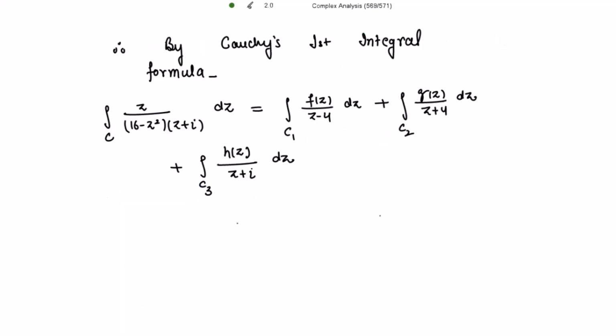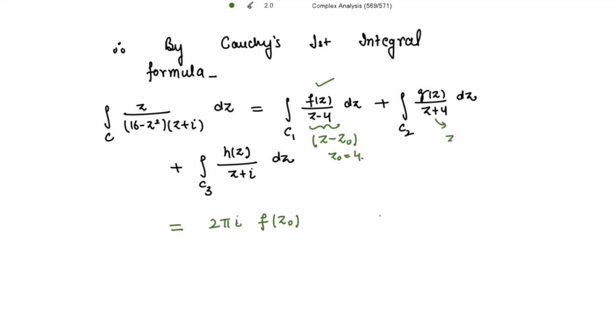So by Cauchy's first integral formula, what is the value for this first integral? It is 2 pi iota into the value of f(z) at z equal to z0. Please remember the format. For the denominator, it should be z minus z0, right? So what is z0 for this? z0 is 4.